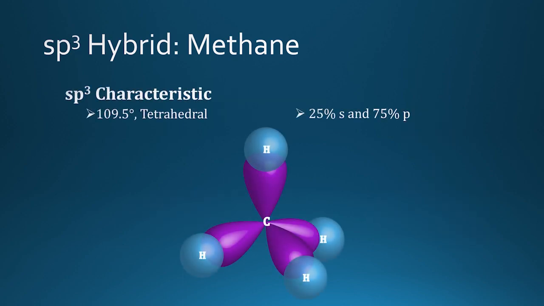Since this hybrid orbital got 1 orbital from s and 3 from p, it would have 25% s character and 75% p character. sp3 would have the least electronegativity due to the highest p character compared to sp and sp2. The largest angle possible with 4 orbitals would be close to 109.5 degrees, making a tetrahedral molecule.